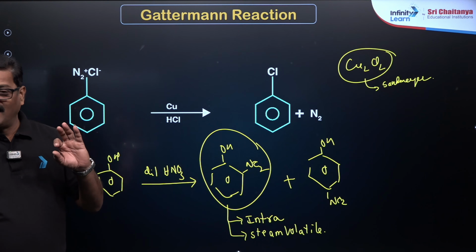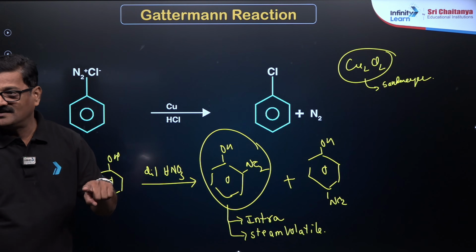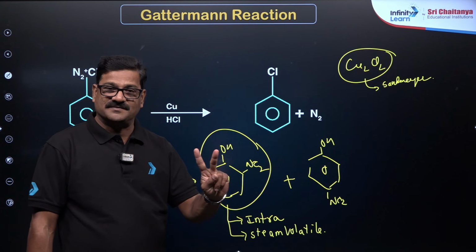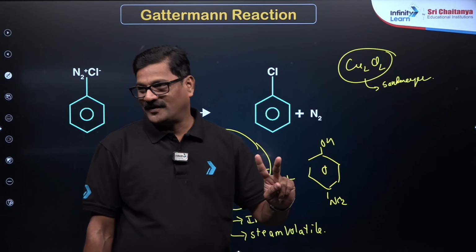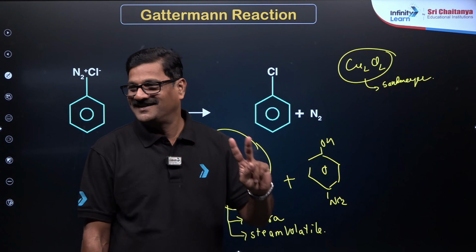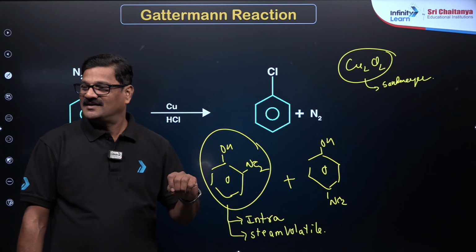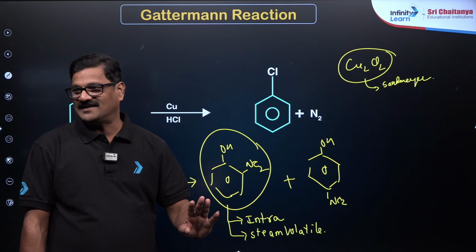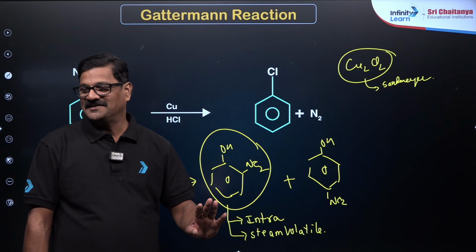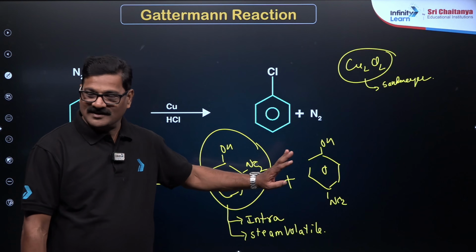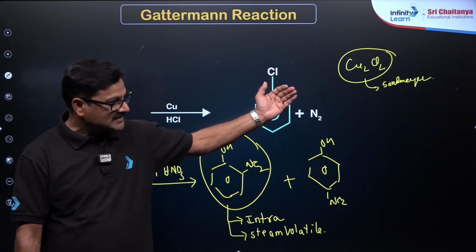Gattermann is different, Gattermann-Koch is different. Hoffmann bromamide is different, and so many reactions are there. If you have a doubt, just follow the sequence.